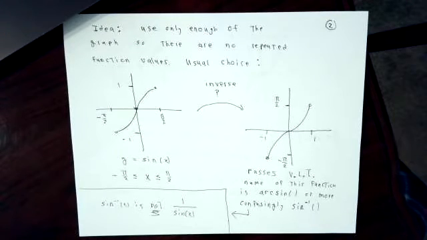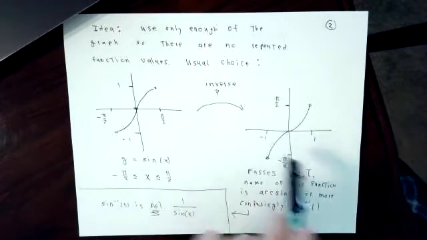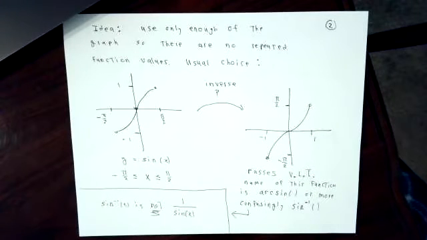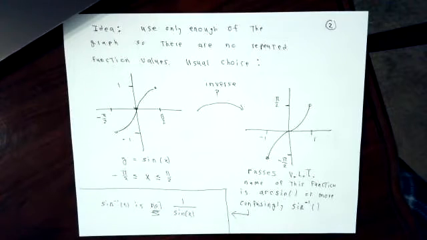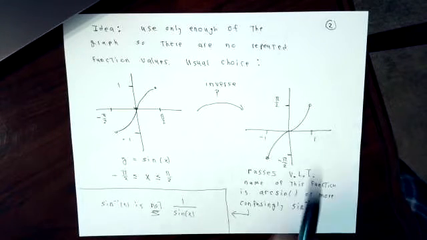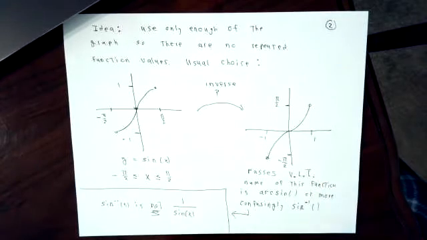So instead of looking at the entire graph of the sine function, we'll only look at it from -pi/2 to +pi/2 radians, or if you like degrees better, -90 degrees to +90 degrees. If I take just this chunk of the sine graph and look at its inverse, we avoid the repeated function value problem. This is a function.